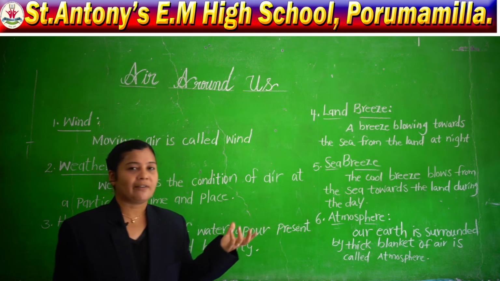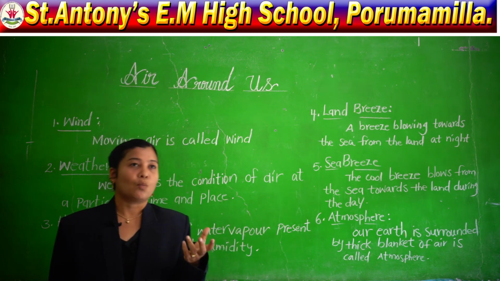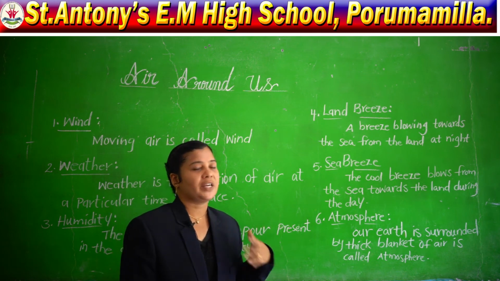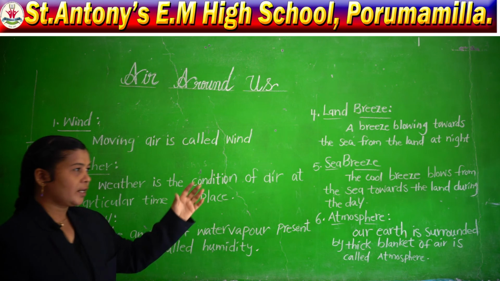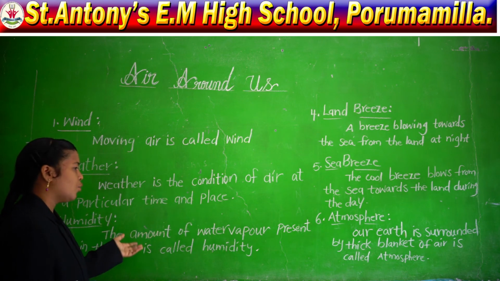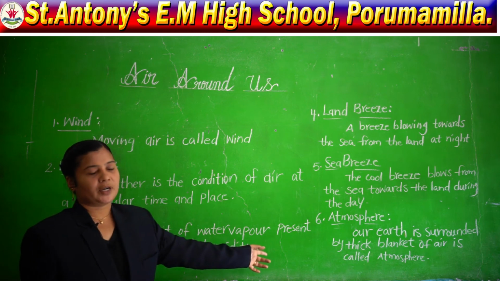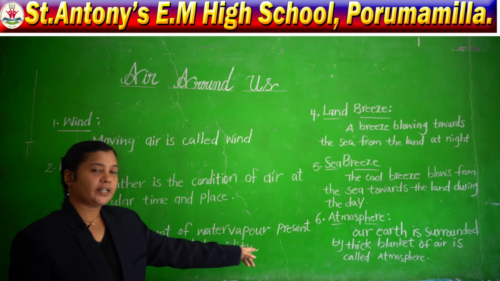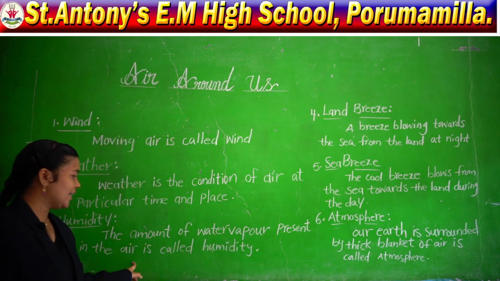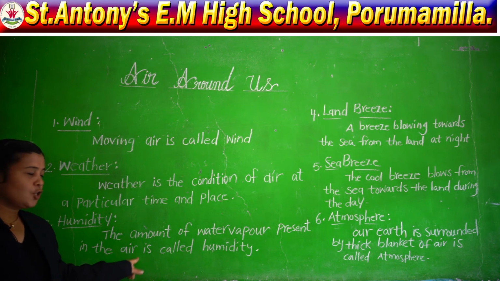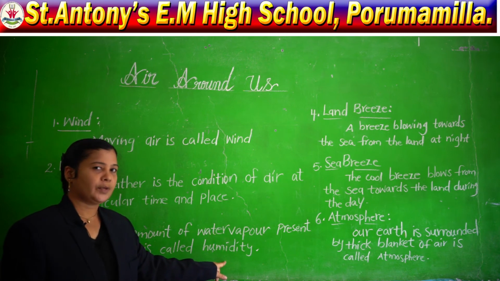Then the humidity, the water level in the air, will be more. So we feel that the humidity is high, meaning there is more water in the air. The amount of water vapor present in the air, that we call humidity.